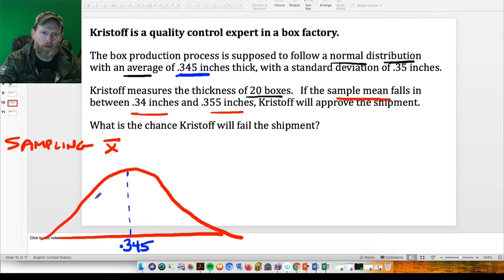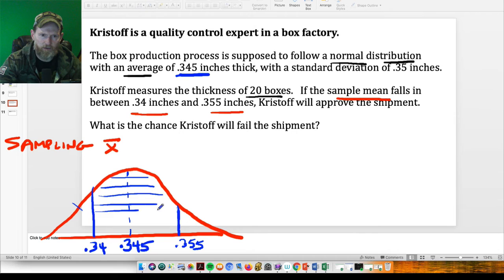So we can draw a line over here that says 0.34, and we can draw a line over here that says 0.355. And so whatever X bar is, if X bar falls in between these two, he will approve.